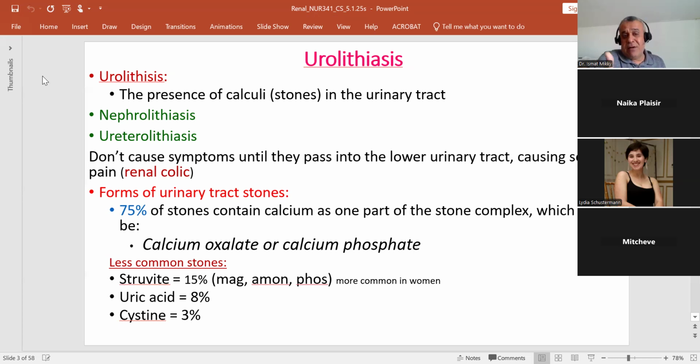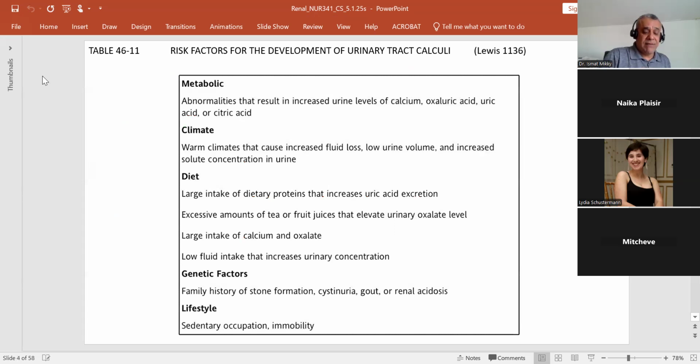And then we have the other percentages for the other types of stones, like uric acid and cysteine, at a way lower percentage. But most patients tend to develop kidney stones from the deposition of calcium, either calcium phosphate or calcium oxalate. So patients usually have a tendency, their body tends to develop kidney stones.